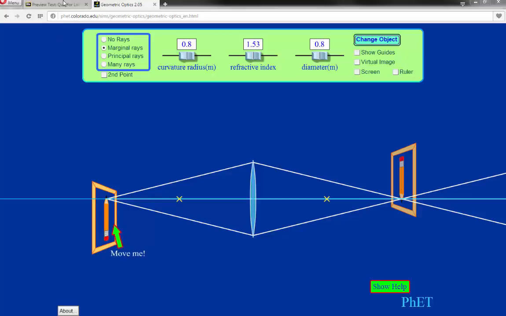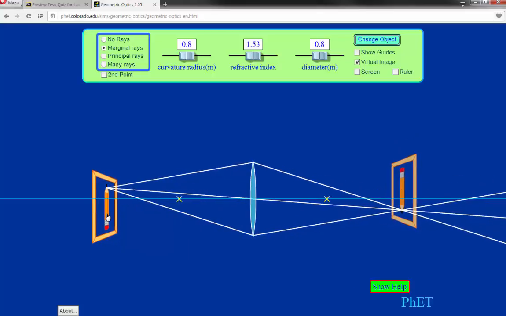So this is from the University of Colorado's physics education team, who put these simulations together. And if you watched the video in preparation for this, then you've actually seen this simulation already once. What I'm going to do is tell it to show the virtual image if a virtual image is formed. So right now this is the object.